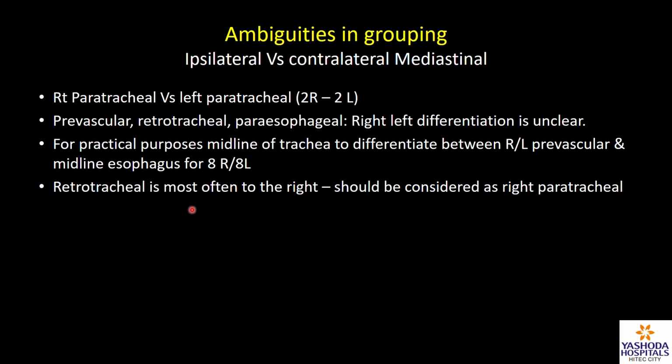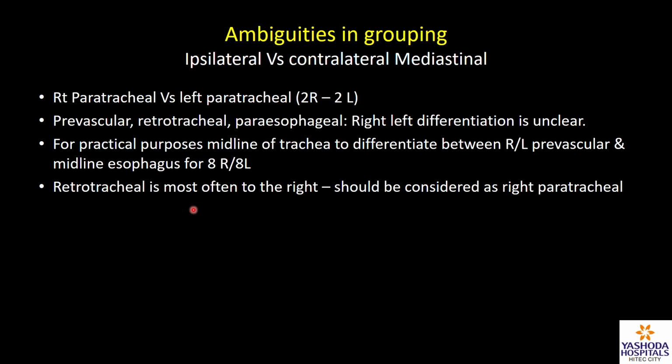Now, the other thing would be ipsilateral versus contralateral mediastinal group. You have seen the right paratracheal versus left paratracheal. It is to be taken as the left lateral wall of the trachea, not the midline. But the system also does not differentiate right versus left for prevascular, retrotracheal, and paraesophageal lymph nodes.